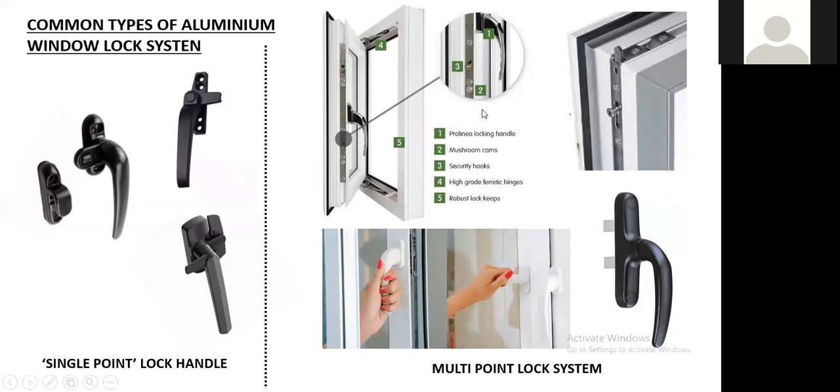So if it's possible and budget allowed, you may want to specify a multi-point lock system. So how does it work? It locks on the inside. For example, on the frame itself there are two holes, and here you have two hooks. So it just works like that. On the outer side, it will just look very clean with just one handle, without all these flaps and all that.